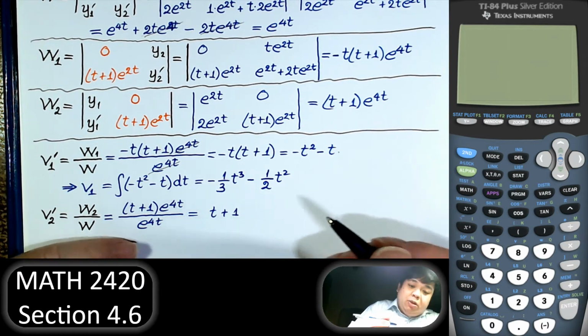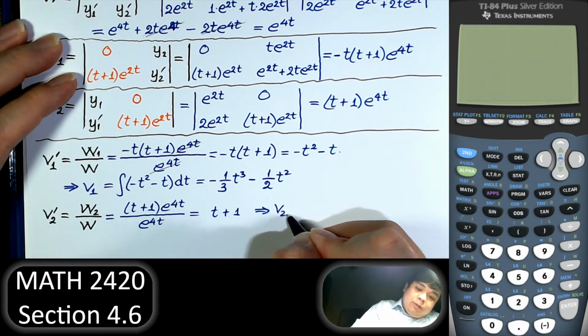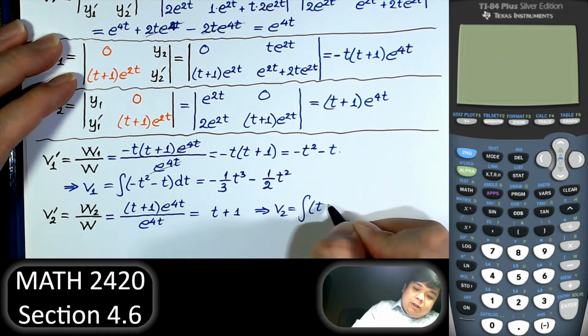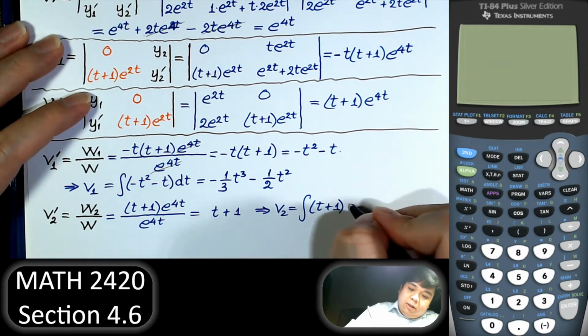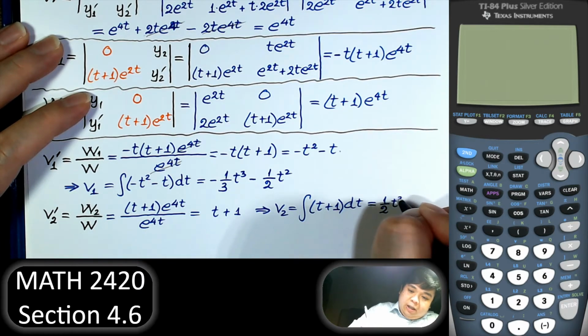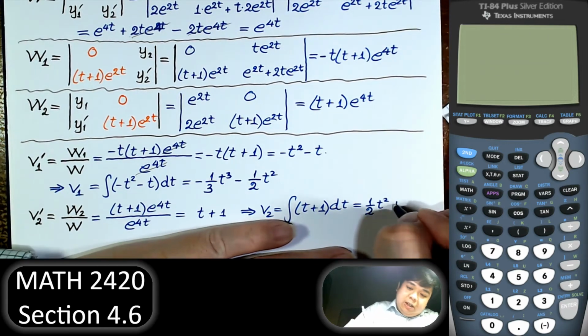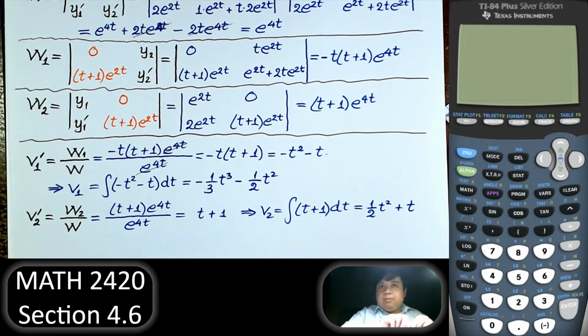Just t plus 1. So to get back to v2, just integrate t plus 1. So that gives us 1/2 t squared plus t. Right. So we have v1 and v2.